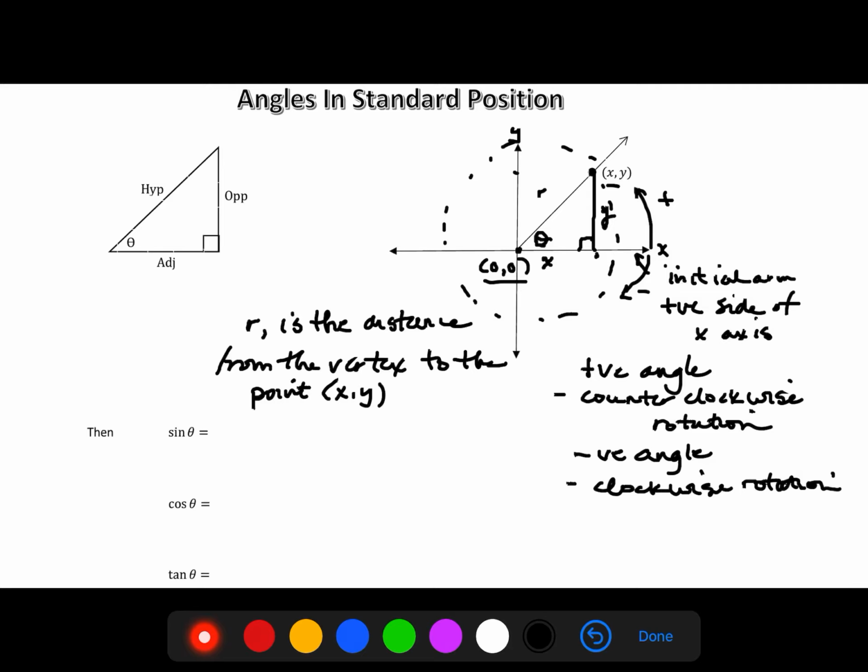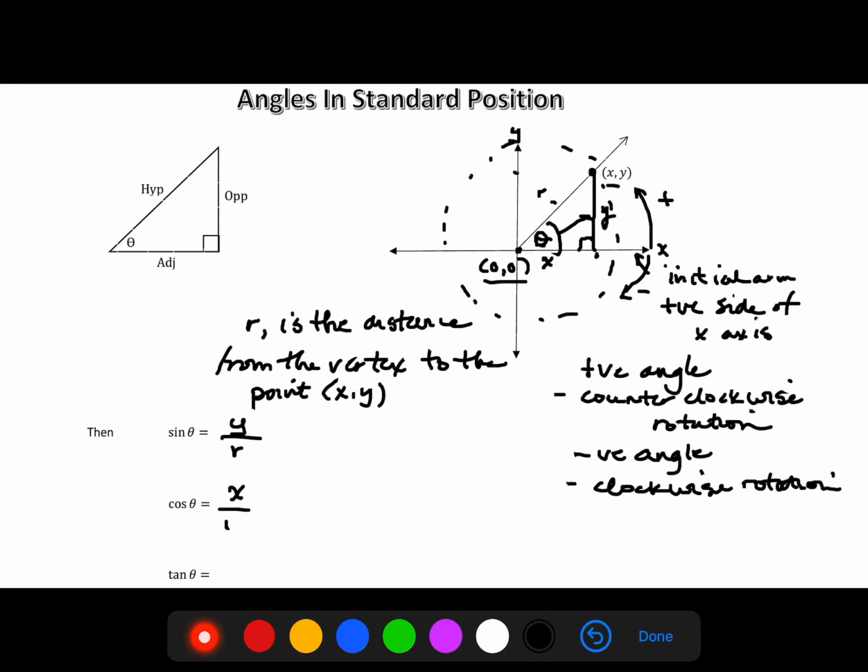So looking at sine of our angle in here, we can come up with our ratios using our x and y values as well as our radius from our right angle triangle that we've drawn here. So sine theta would be our y value of our point over the radius, right? Opposite over hypotenuse.